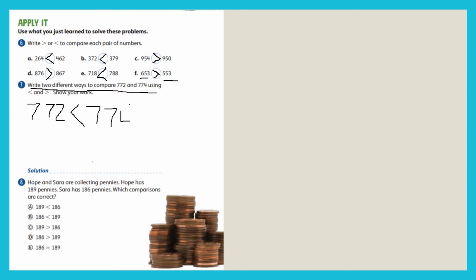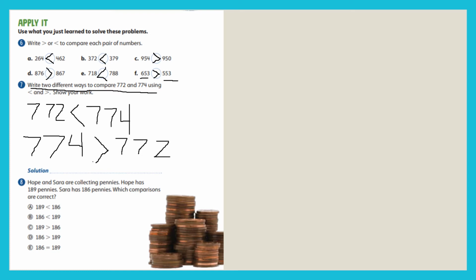Remember, my alligator mouth has to be open to the larger number. Now I can write it as 774 is greater than 772. One is greater than, one is less than. All right.